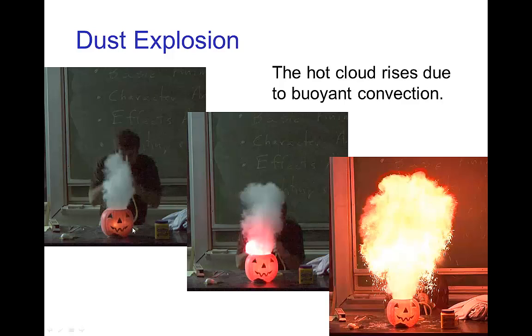So you see the cornstarch dust was coming out of the pumpkin, and then the bottom caught fire with a candle that is inside the pumpkin, and then very rapidly the whole cloud is lit on fire, and the cloud rises due to buoyant convection of the hot air.